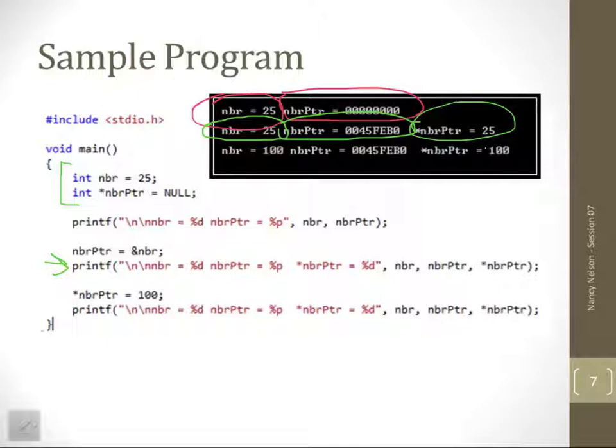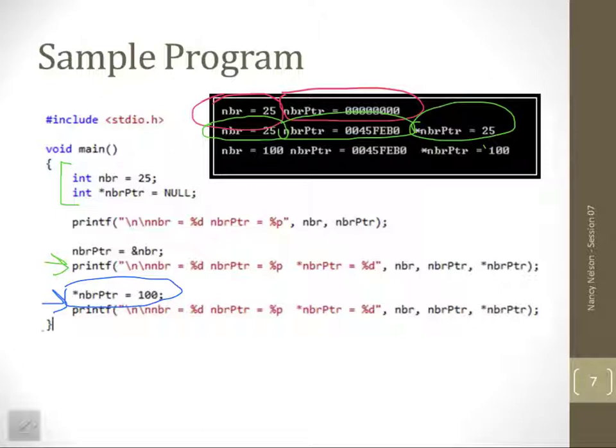Now, let's look at the next section. And we'll mark this one in blue so we can differentiate the three. So here I have said the contents of number pointer is now assigned the value 100. So where's number pointer pointing? It's pointing to number. So this instruction down here is going to change number. It doesn't change the pointer itself.